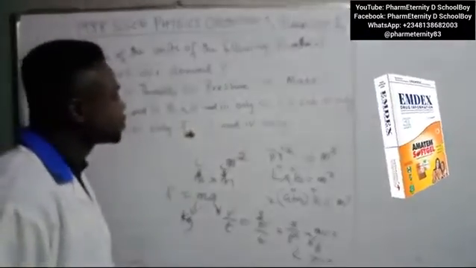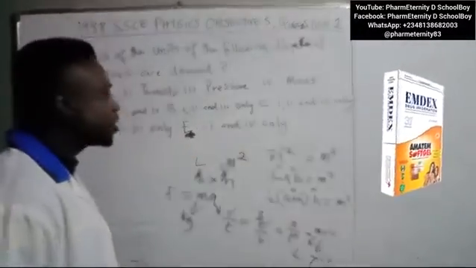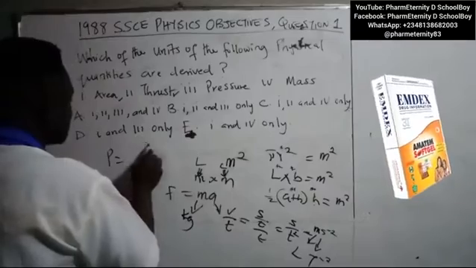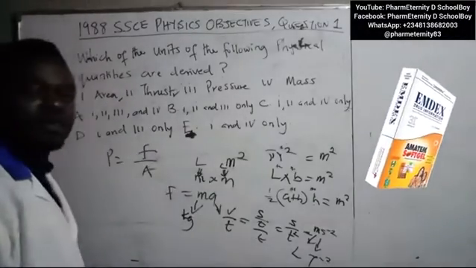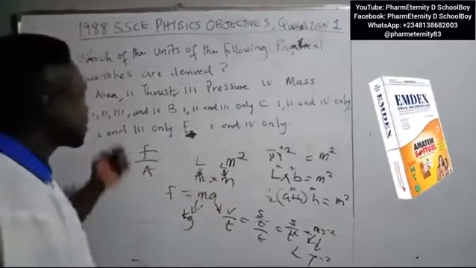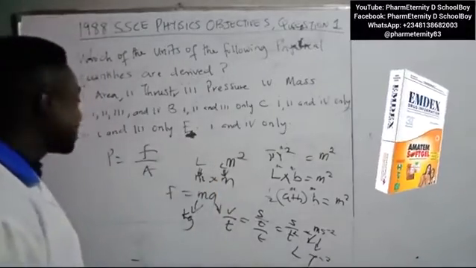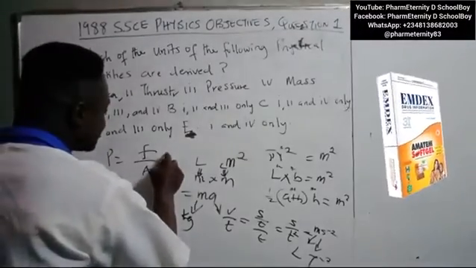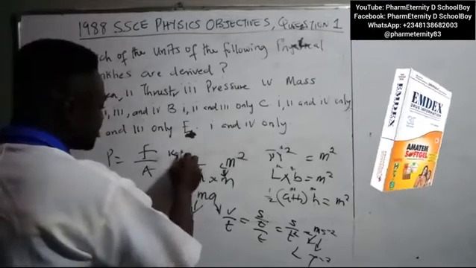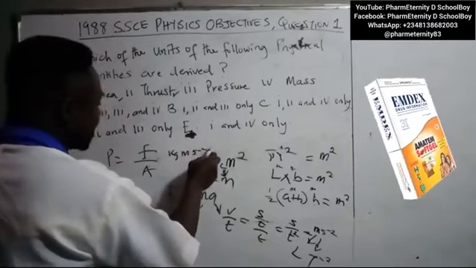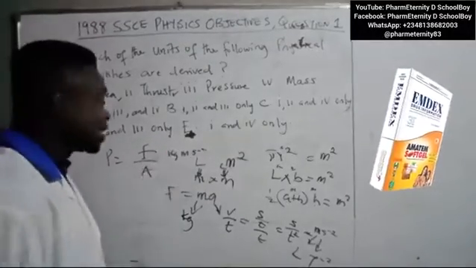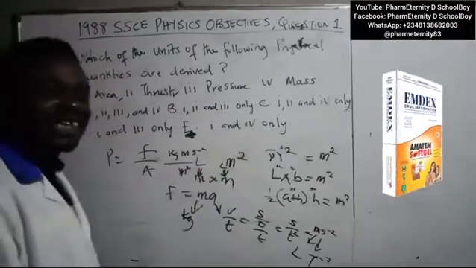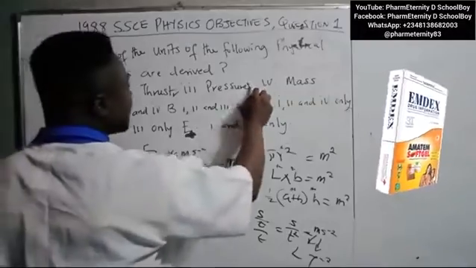Let's take a look at pressure. Pressure is defined as force acting per unit area. We have already established that force is a derived quantity from kilogram, meter and time, and area is meter squared. So pressure is a derived quantity.